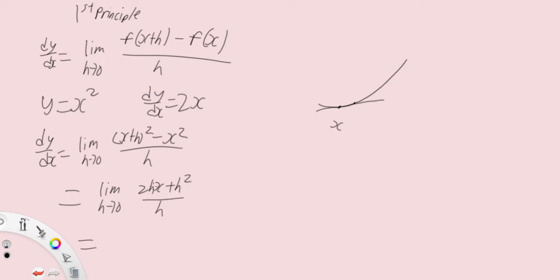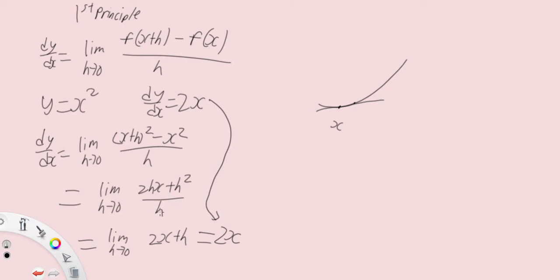We factorize out h from the top, and because I can factorize out h, I get back 2x plus h. Now we apply the limit to h. As h approaches 0, this would then become 2x. And you notice it's exactly the gradient here.